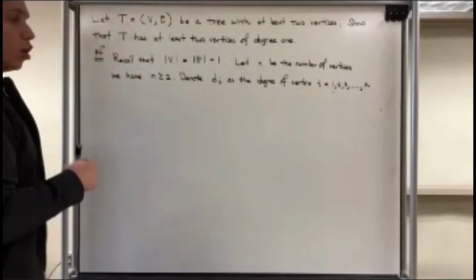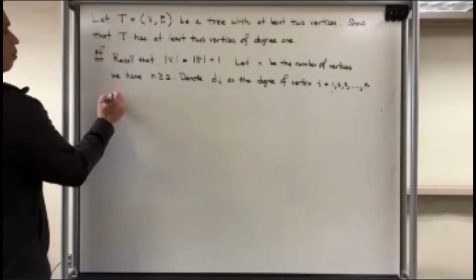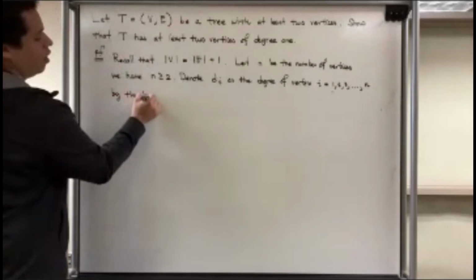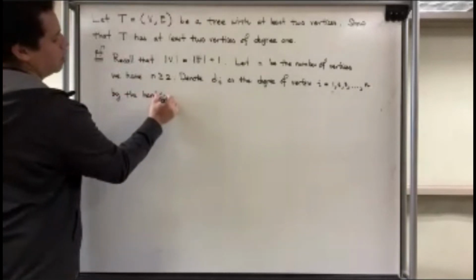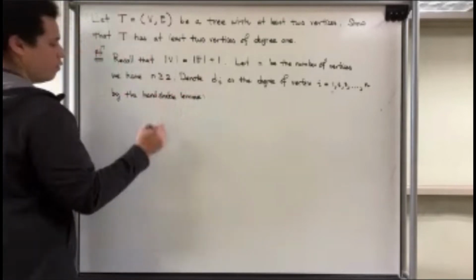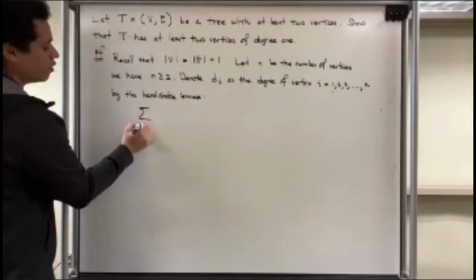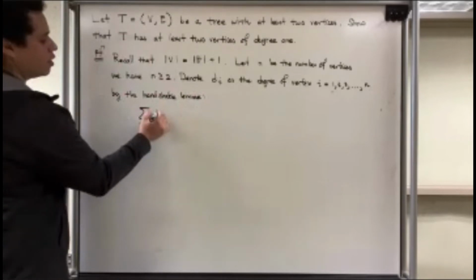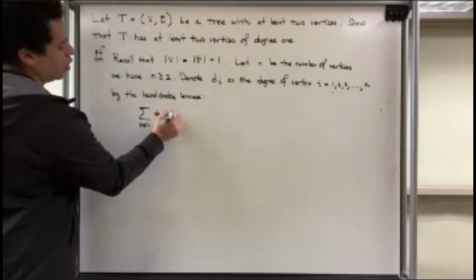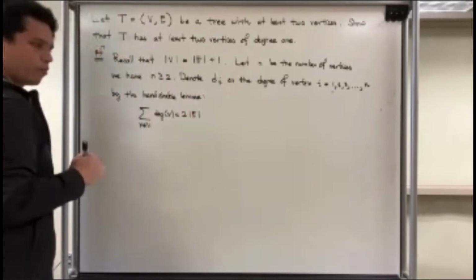Right? So remember the handshake lemma. By the handshake lemma, we have the following: the sum of all the degrees among the vertices is twice the number of edges.